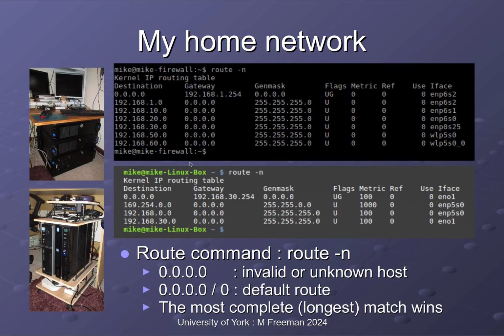And we'll look at some examples of that one as we go through. But if you can imagine, if we have an IP address that doesn't match any of the listed routes we have here, that doesn't match any of the listed networks we have here, then that network ID will not match. It won't be one of these. It won't be 192.168.1, 10, 20, 30 or 50. In which case, it will match the default gateway. It will match the default route.